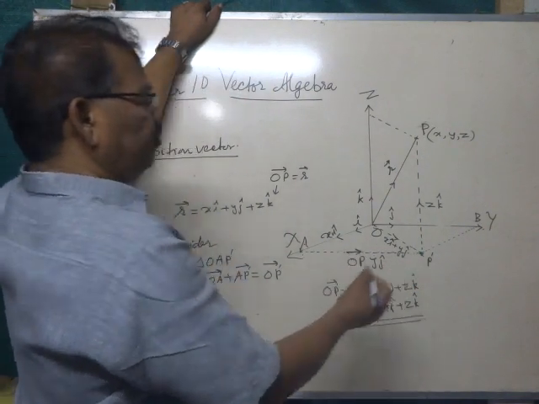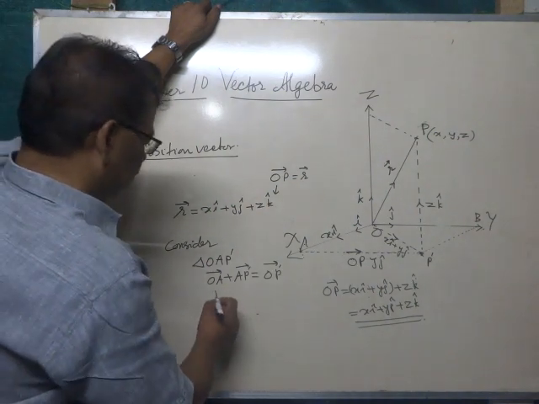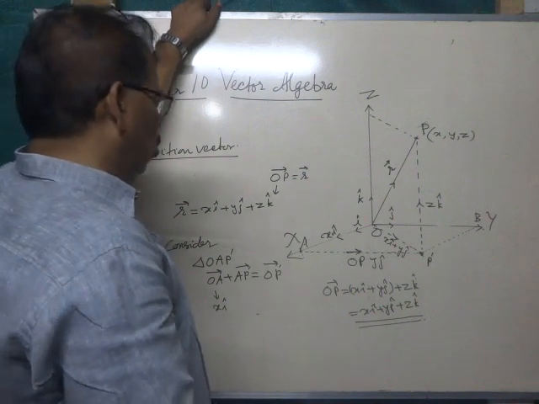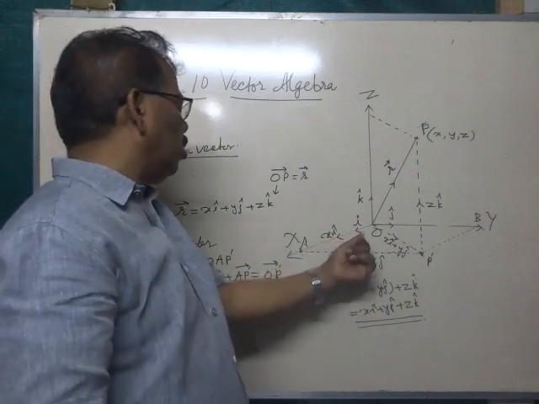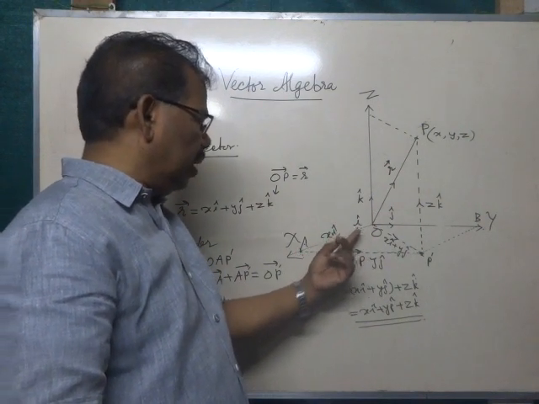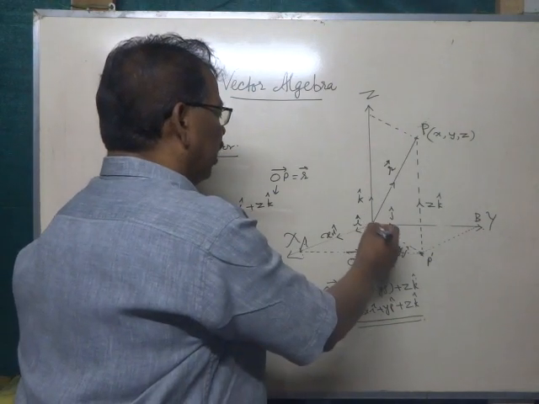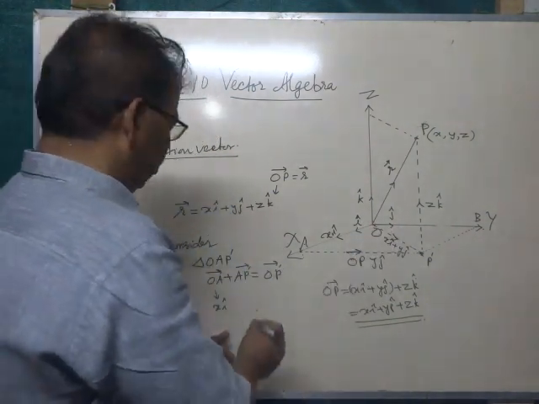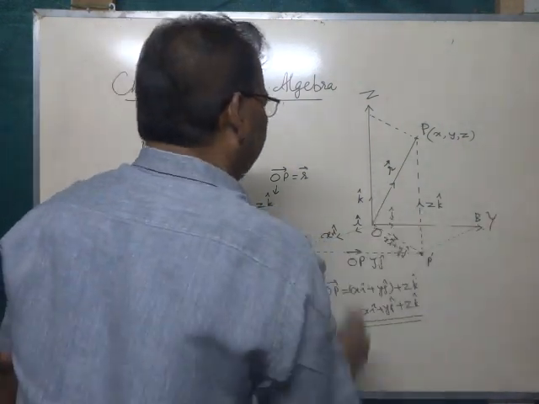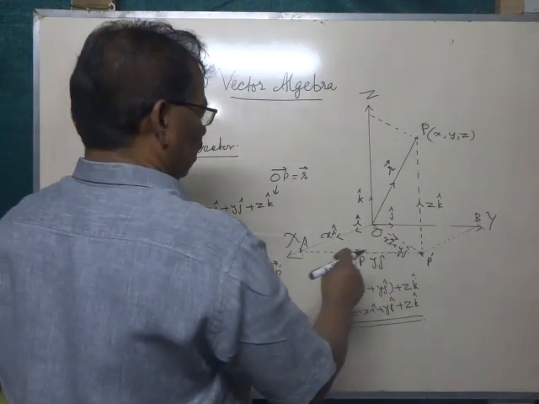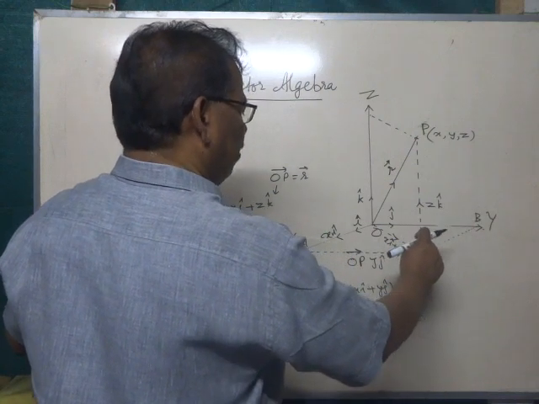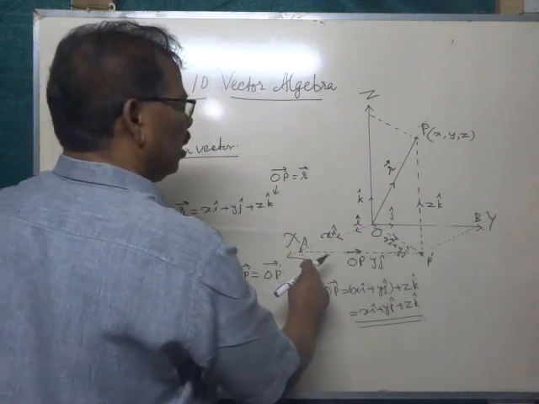That is x i cap. How? If the unit vector along the x-axis be i cap, the length OA will be equal to x i cap, and if the unit vector along y-axis be j cap, the distance OB will be equal to y j cap, which will be the same as AP dash.